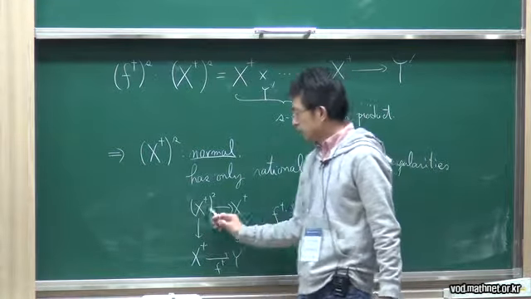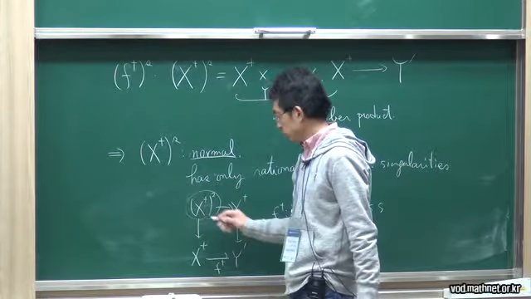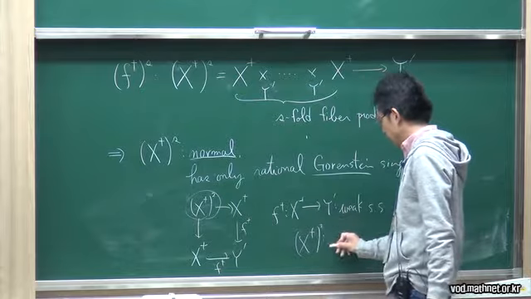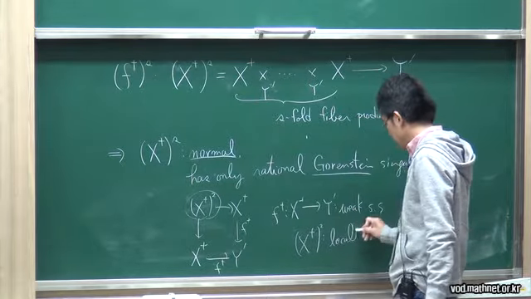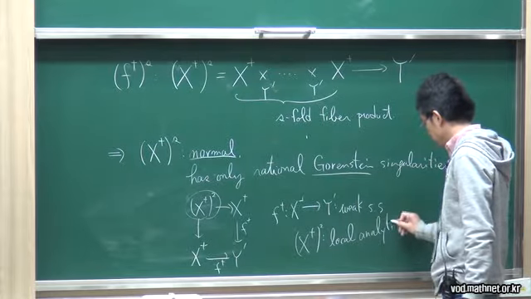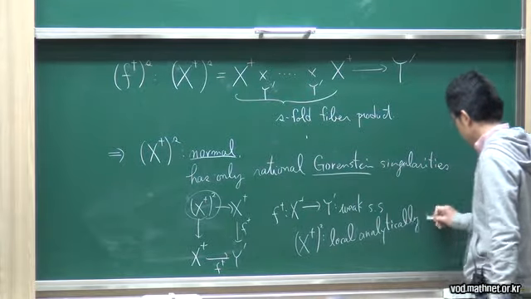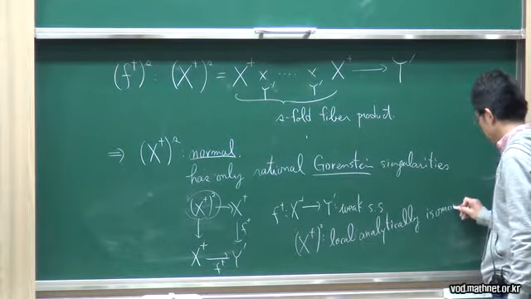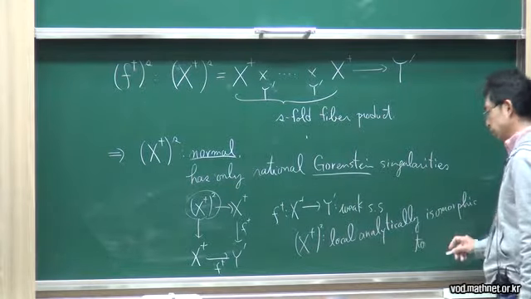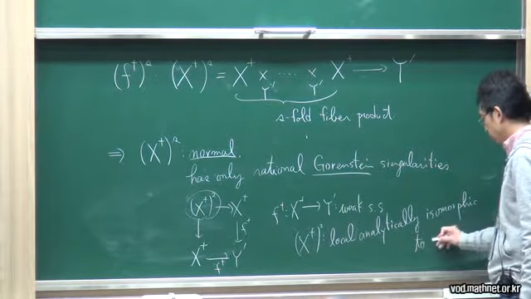So taking the fiber product, X dagger^2 is local analytically isomorphic to a toric variety.